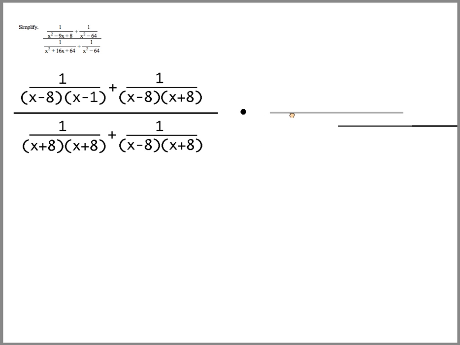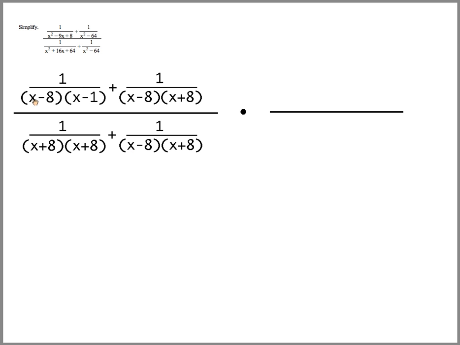We're going to multiply by a fraction that's the same in the top and the bottom, so we're really multiplying by 1. And we need to figure out what that least common denominator is. The game here is we want to multiply by something that collapses all these fractions in one fell swoop. And so what I do is I go about looking for the least common denominator of these four fractions.